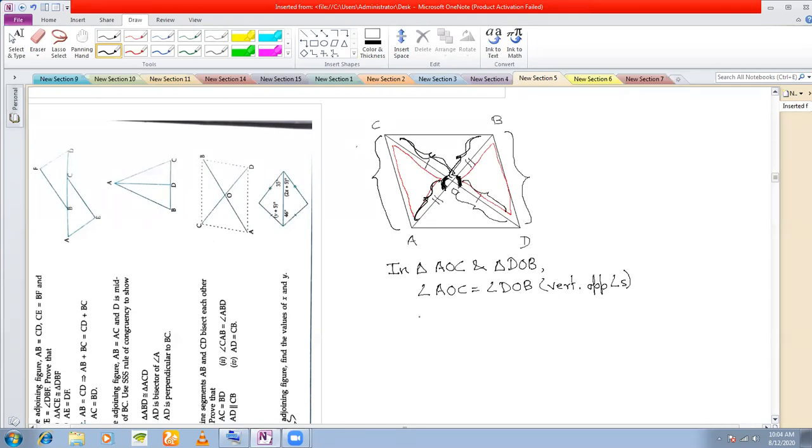Okay, and OC must be equal to OD, given, because they bisect each other, and OA is equal to OB. This is also given. Therefore, triangle AOC is congruent to triangle DOB, and this is by SAS axiom, right?